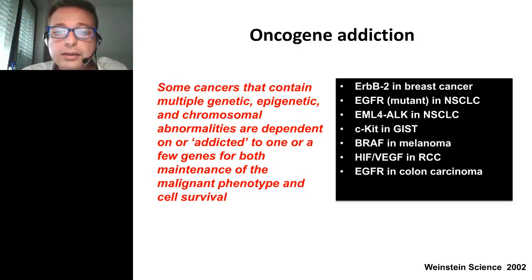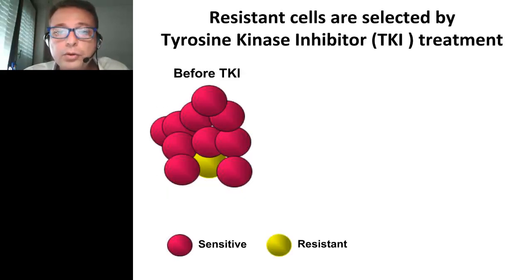Now, in this scenario of high complexity at the molecular level and high heterogeneity, what we need to do is to represent such complexity, such heterogeneity, if we want to improve the approach of personalized medicine in cancer.